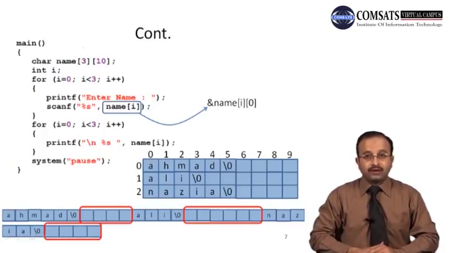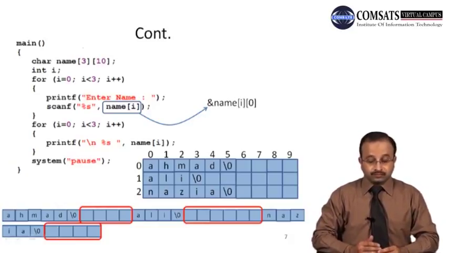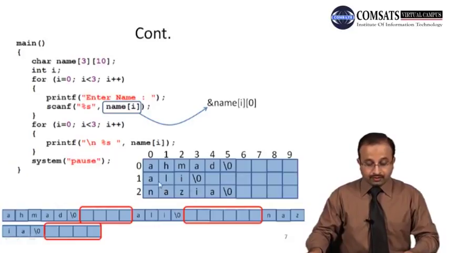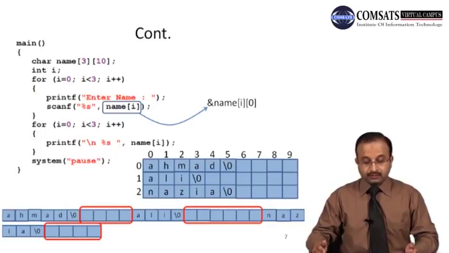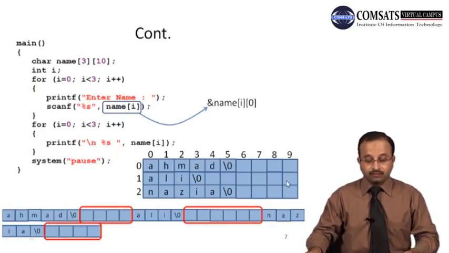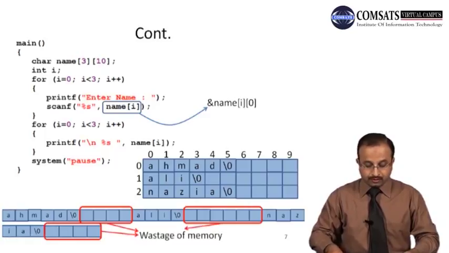We should be able to accommodate that, and someone's name could also be short, like Ali, and we should accommodate that as well. If the array size is bigger it will accommodate, but some bytes are going to waste. We have to avoid this wastage. So this is the waste of memory, right?